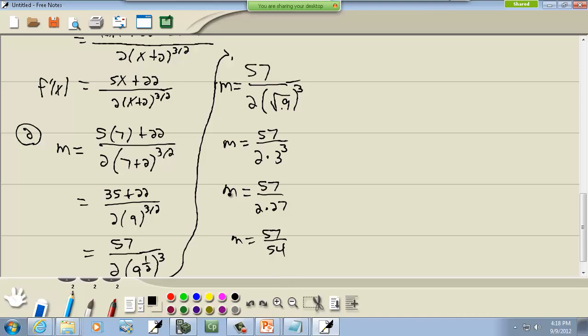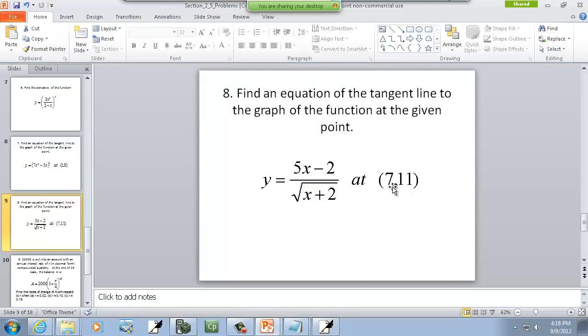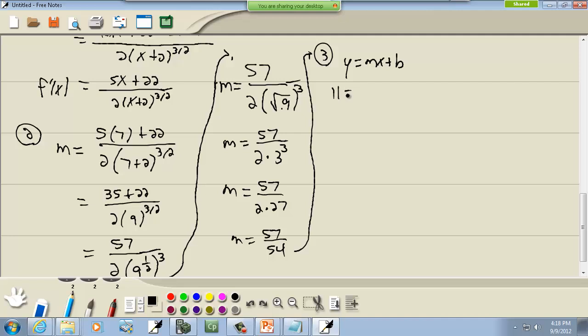Step 3. Into y is equal to mx plus b, we want to plug in our initial point. X is 7, y is 11. And then our slope was 57 over 54, and x was 7, plus b.